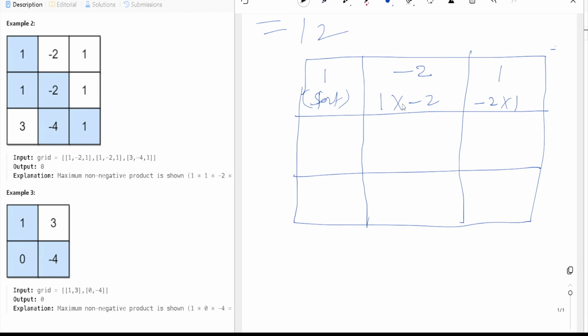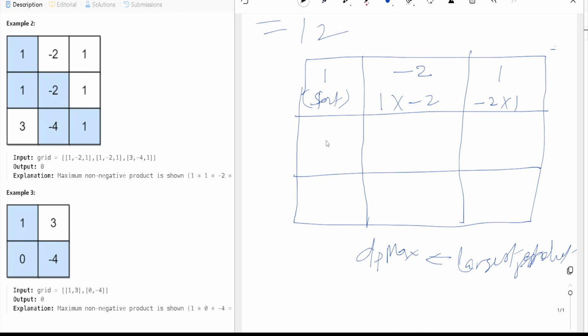Because we have to calculate at each cell. This is what I'm talking about for the DP max. DP max means what we need to do here is the largest product.